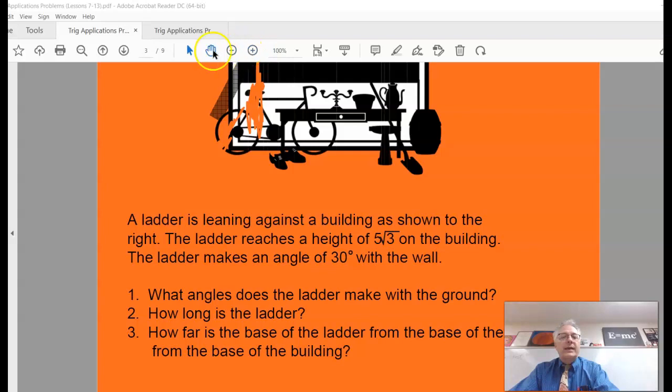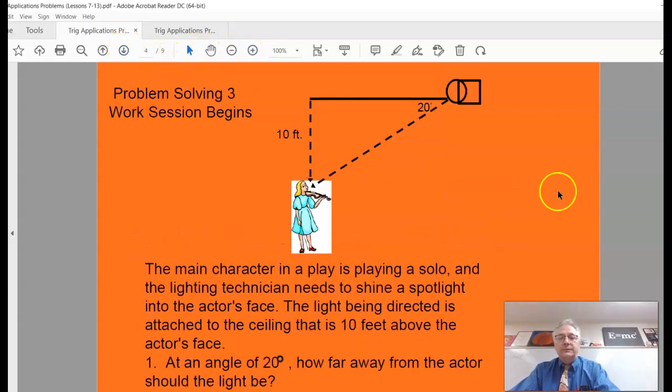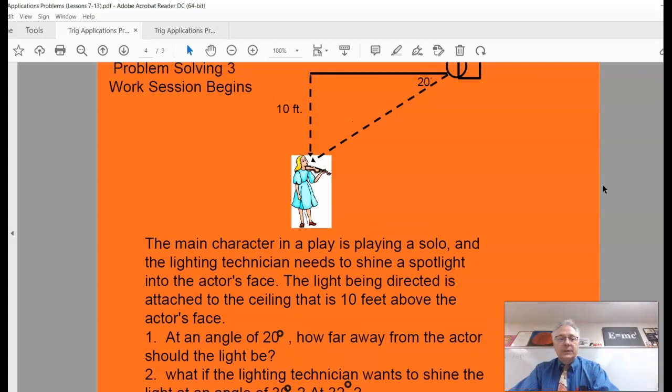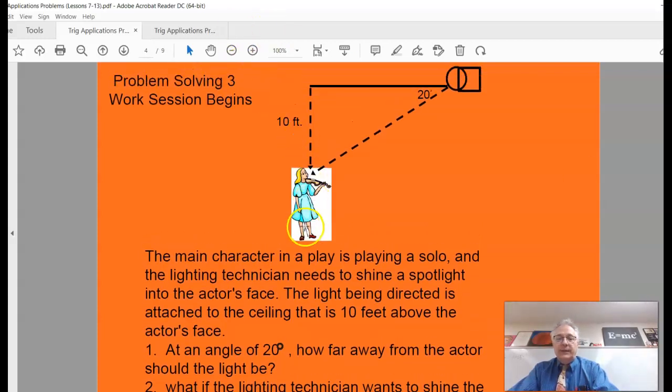So let's go ahead and look at the next problem. This is a good one. It says here we have this picture, some kid playing a violin, and she's 10 feet above the line where the light is, and this guy wants to shine a light right on her face and blind her while she's trying to play her violin solo.